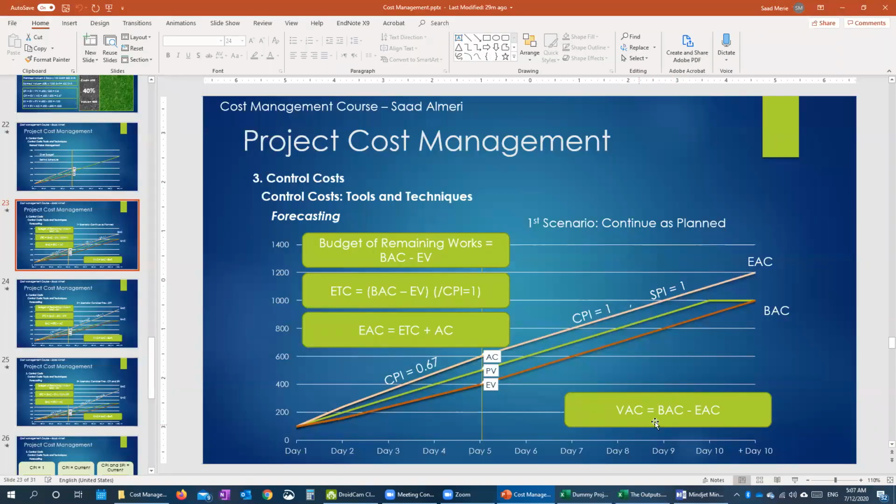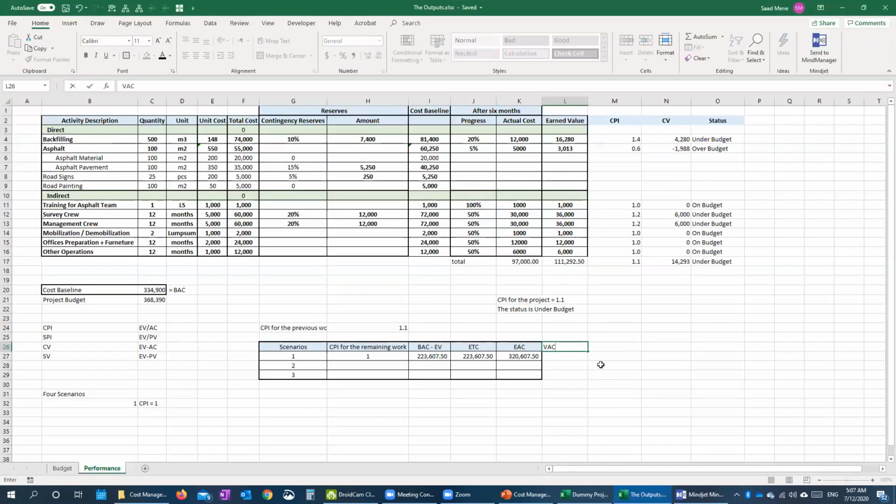And then we have the VAC, which equals BAC minus EAC, 14,000. It is more than zero, which means the same meaning as our CPI, which is good.